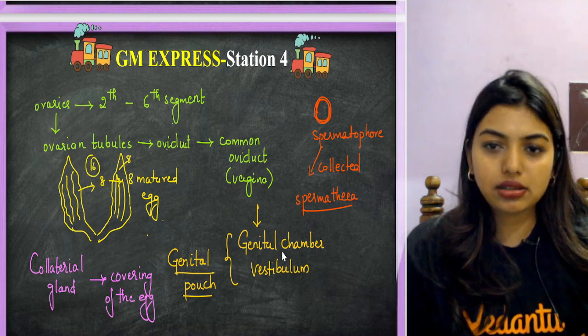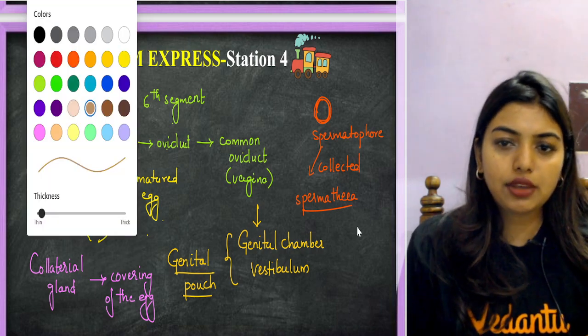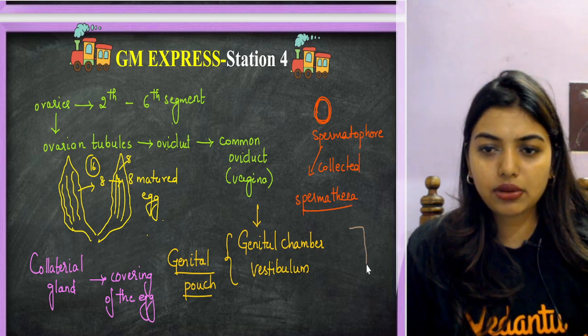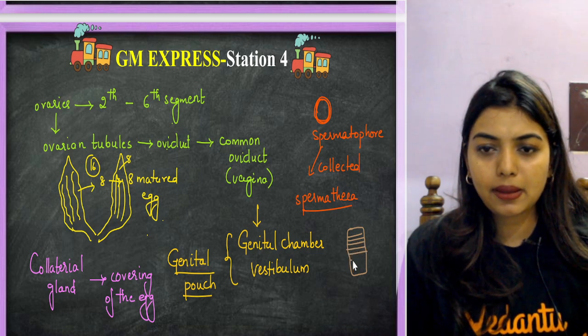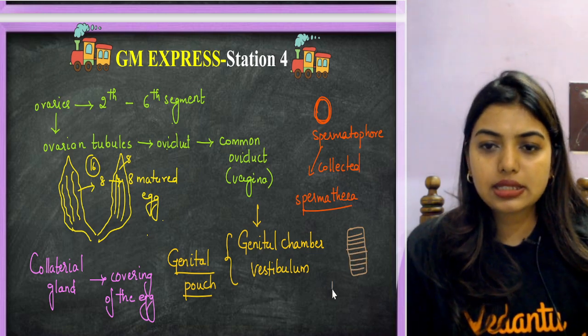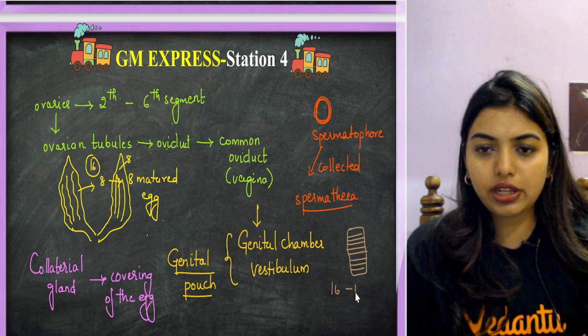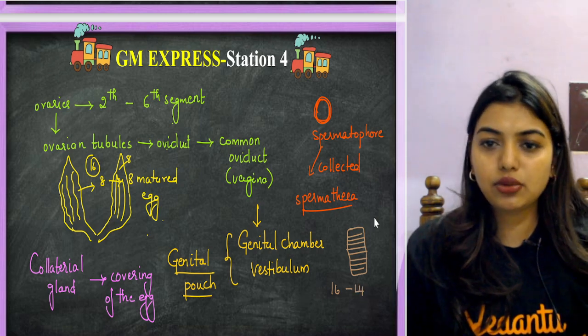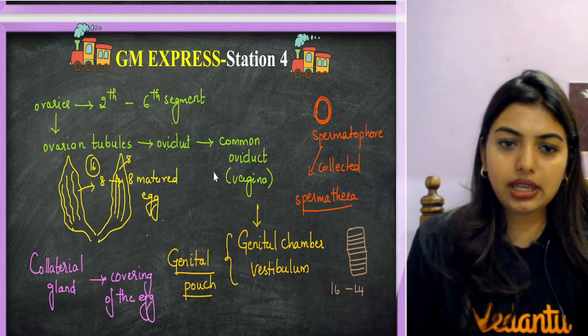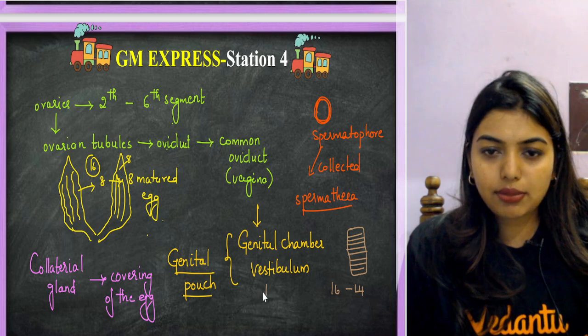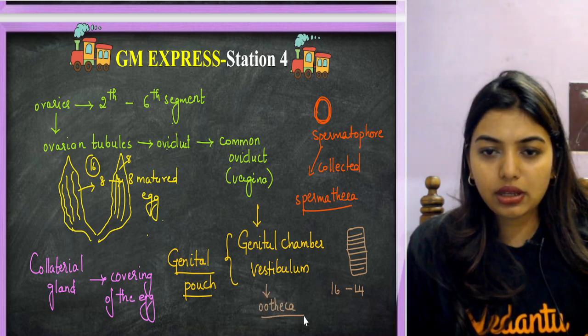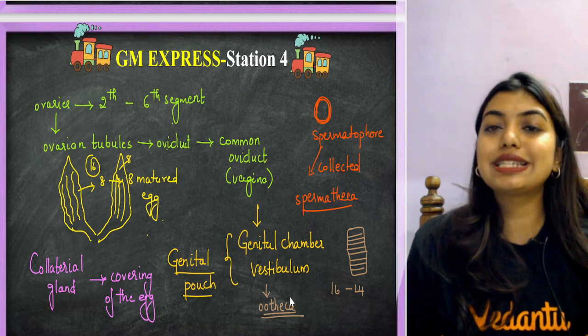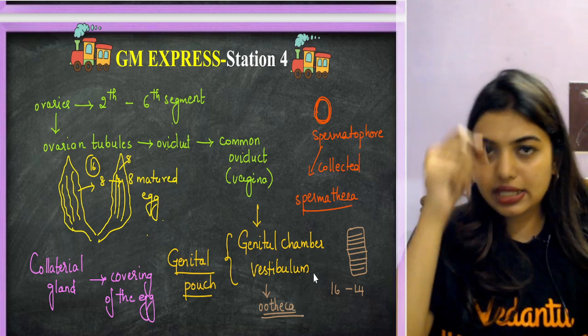The egg will look like this: one brown colored layer with lines like this. 14 to 16 eggs will be present in one utika.